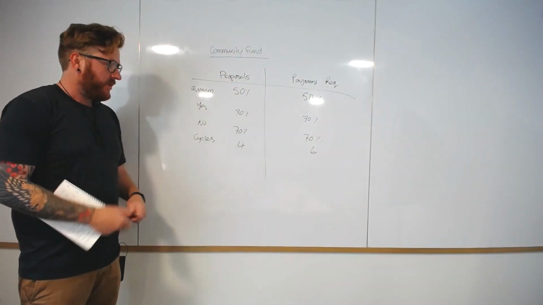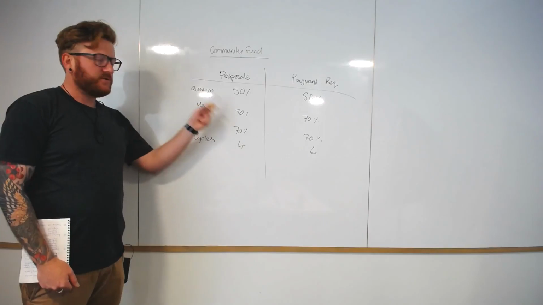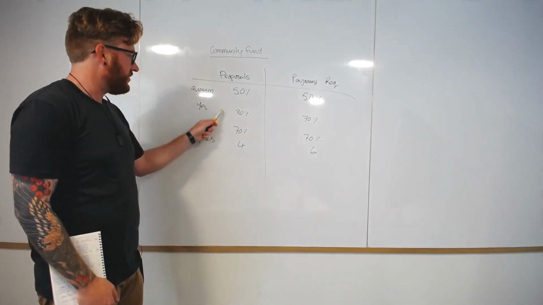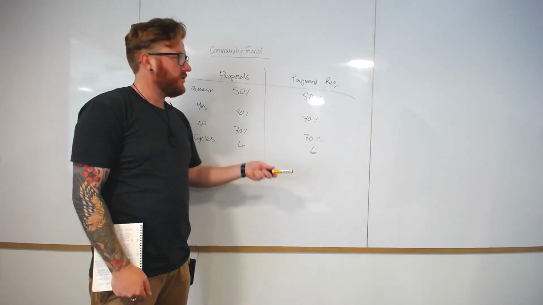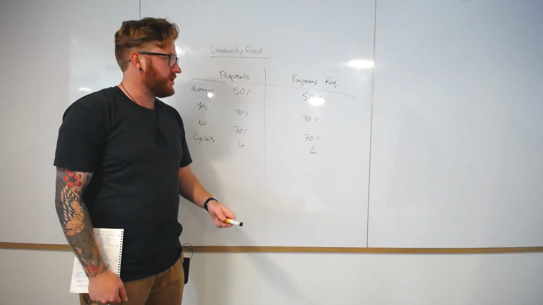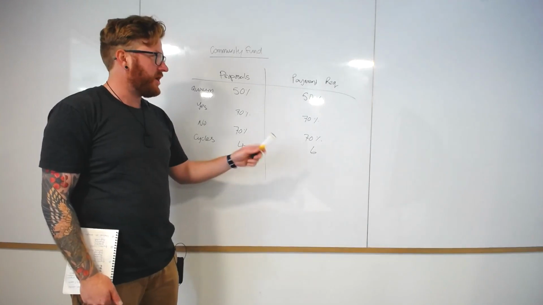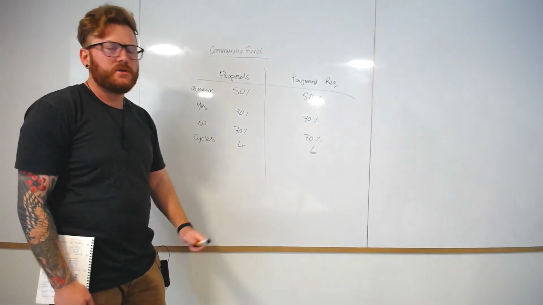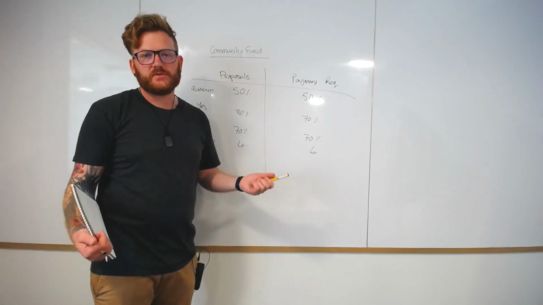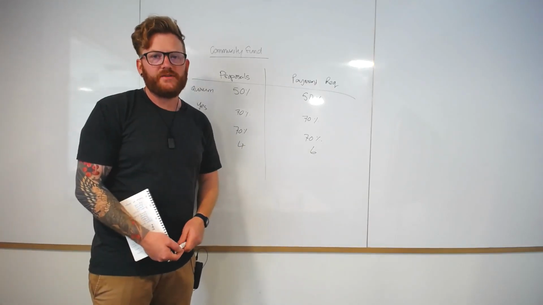Proposals have 4 cycles to get out of one of these states, to either be accepted or rejected, and payment requests have 6. So the idea there is that you've got a little bit more of a chance to get your payments out. It's slightly easier to get your payments out than it is to get a proposal in, just to give people time to get paid, because of course we do want people to actually get paid for their work.